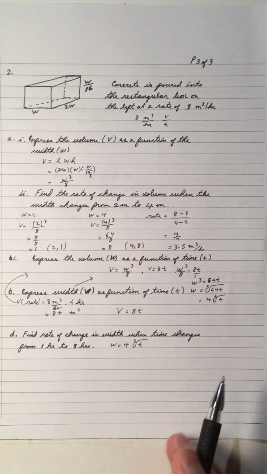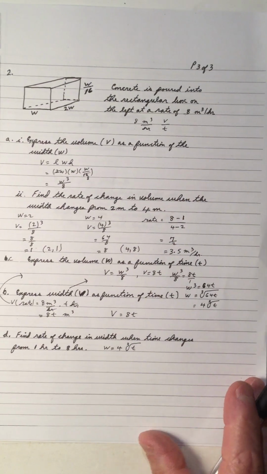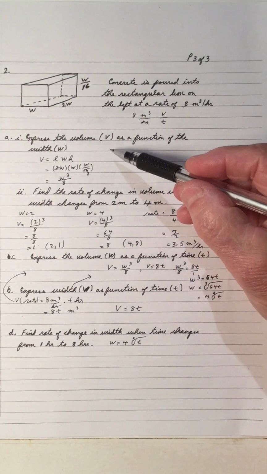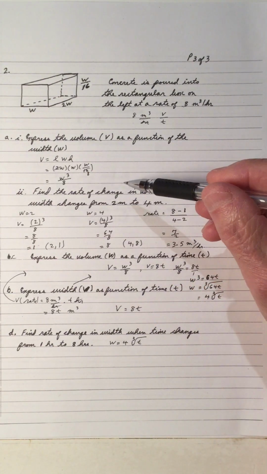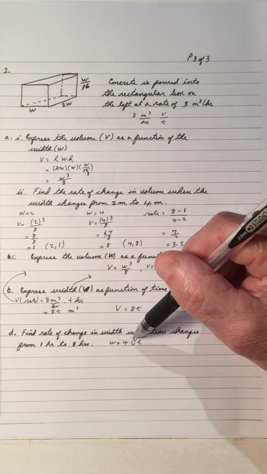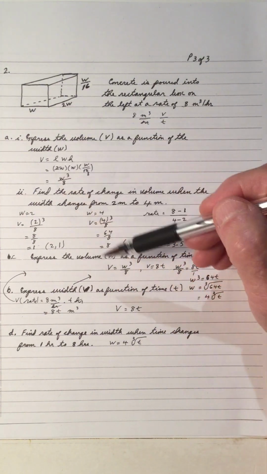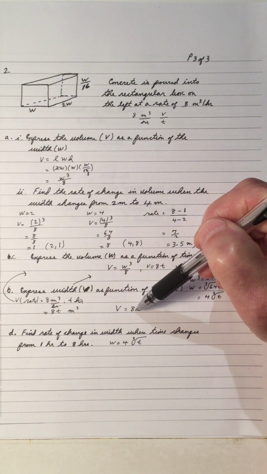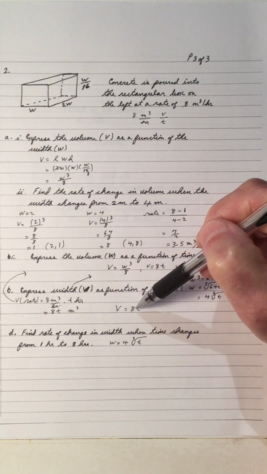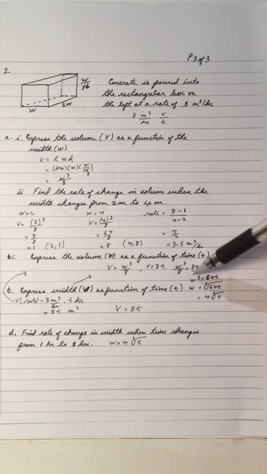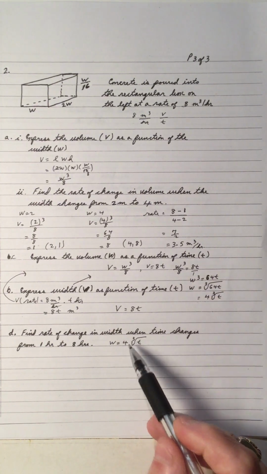So what about if I gave you this problem and didn't ask you to find this, and I just asked you to work this out here? So you would have to come up with the volume. You would have to come up with this equation, V is 8T, and solve this equation to get right here.